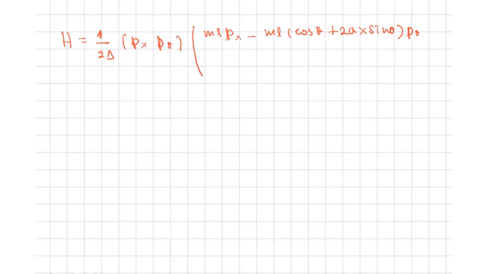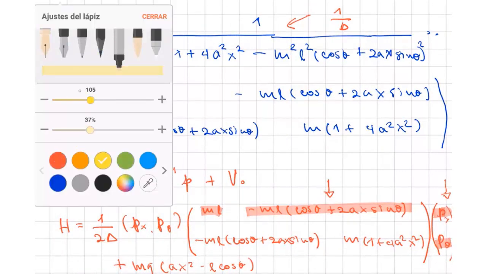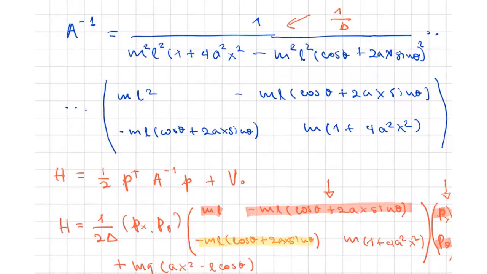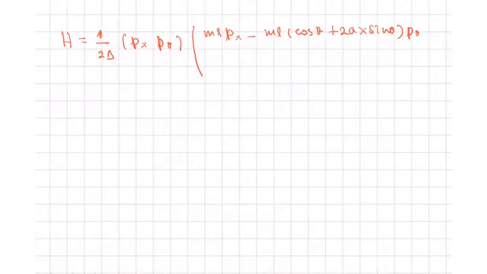Okay, guys, now we come back and we multiply this yellow one with this one plus this one multiplying this one, and we get here minus m L, cosine of theta plus 2ax sine of theta px, all right, px plus m L 1 plus 4a squared x squared p theta.